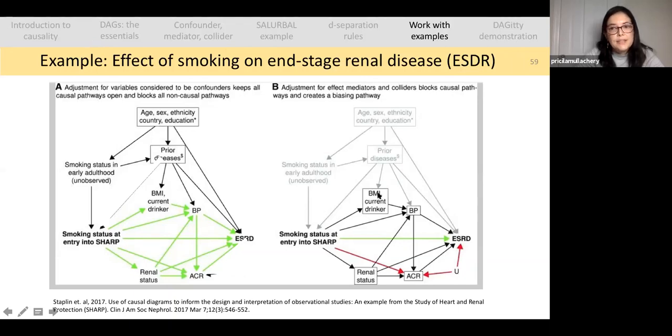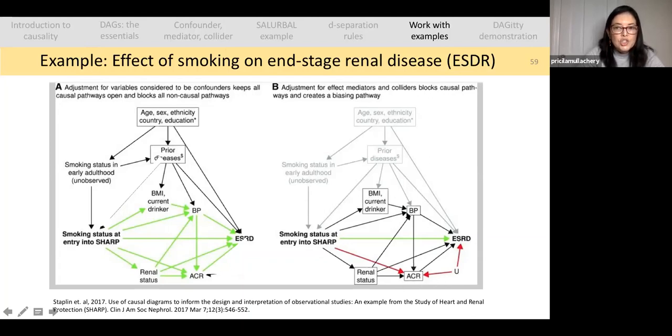Again, this box around means that they adjusted here for BMI, current drinker, blood pressure, which are things that are on the pathway between smoking and end-stage renal disease. They also adjusted for renal status, and for this measure, the albumin-creatinine ratio. And it's also on the path here between smoking and end-stage renal disease.